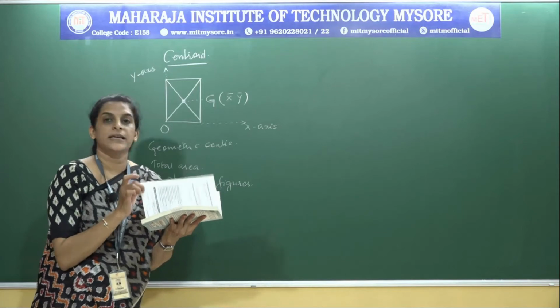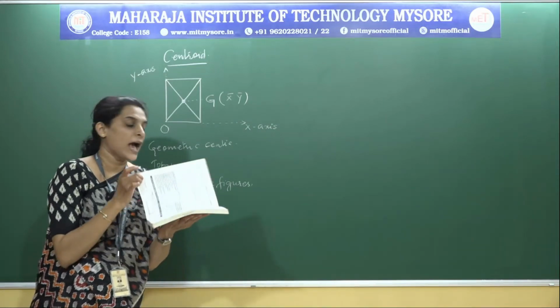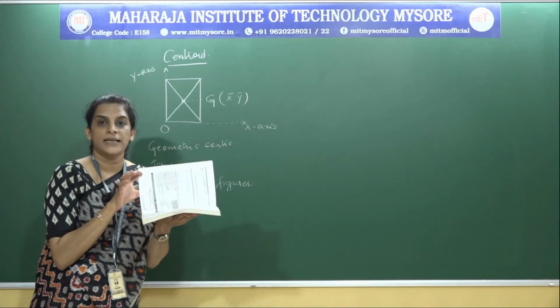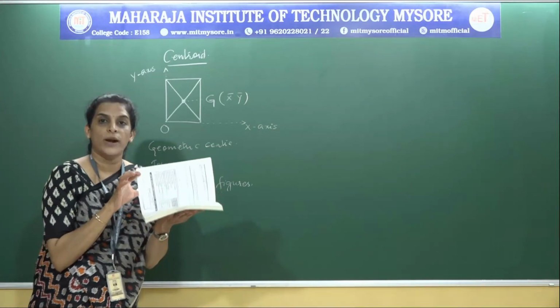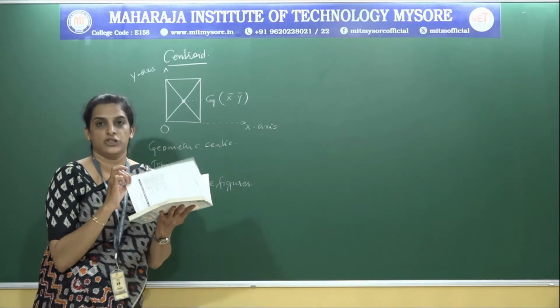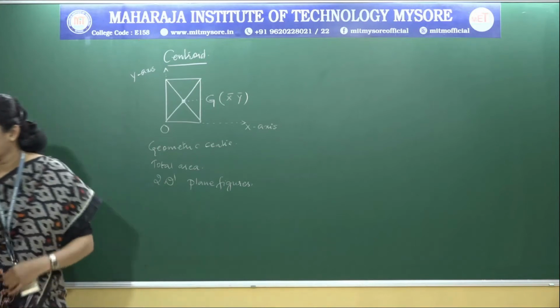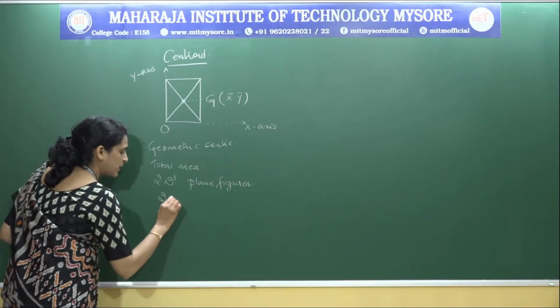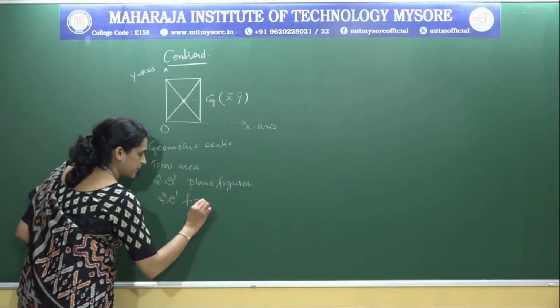Then this is a two-dimensional figure. I will call this a rectangle now, because it has only the dimensions width and length. As mentioned, thickness would be negligible. Now we shall consider certain examples for two-dimensional figures.